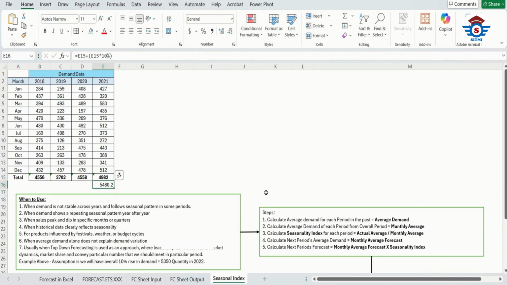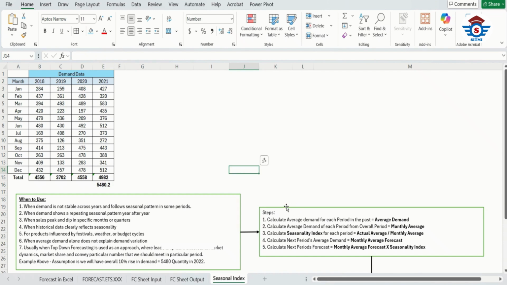If we apply that logic and increase by formula, you will see the demand increase to 5,480 units in 2022. So let's assume that the future demand will be 5,480 units for the next year, 2022, and this comes from the top-down approach, or when we consider the market situation that our product's demand will increase in the future by 10%.